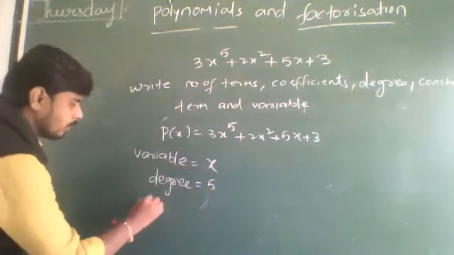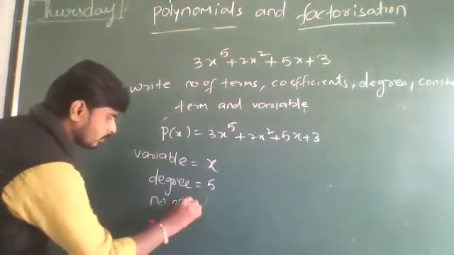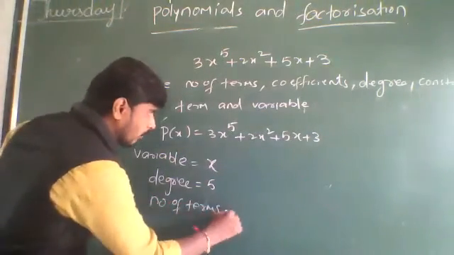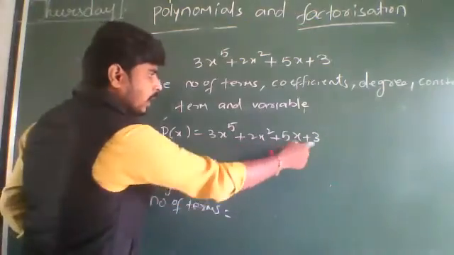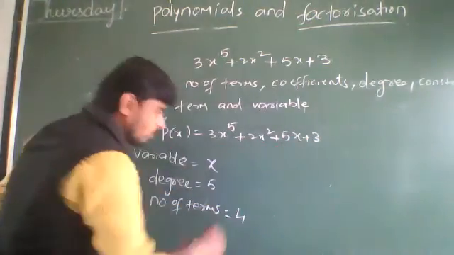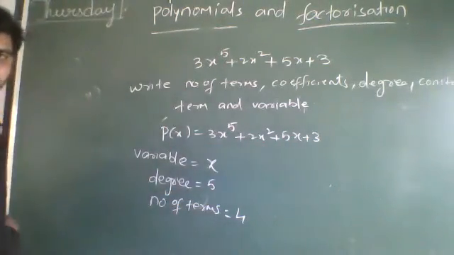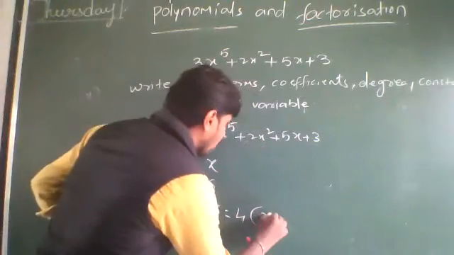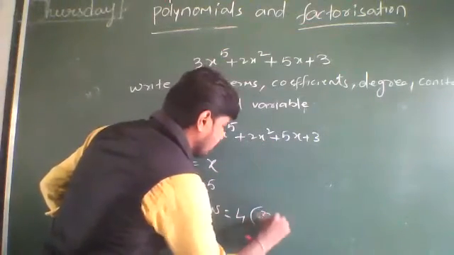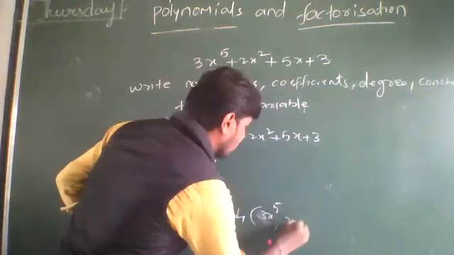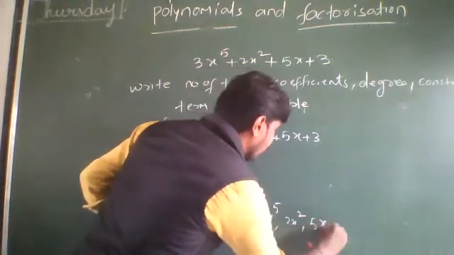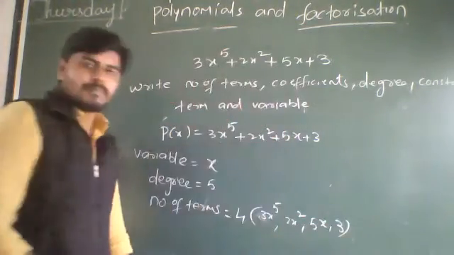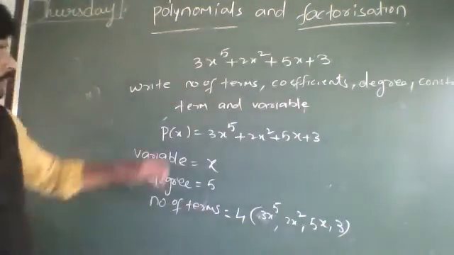How many number of terms? 4. Number of terms 1, 2, 3, 4. Nana, yes, sir. This is one term. See right here: 3x power 5, comma, 2x square, comma, 5x, comma, 3. Okay. Next, what is the question?